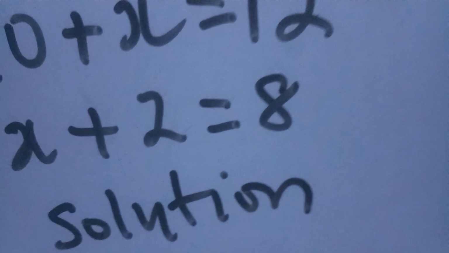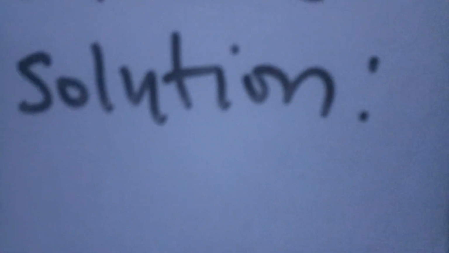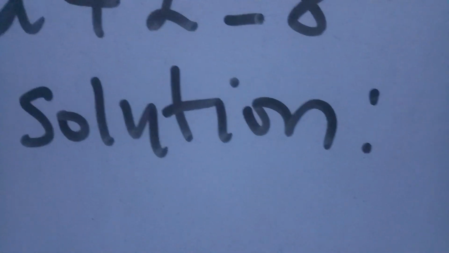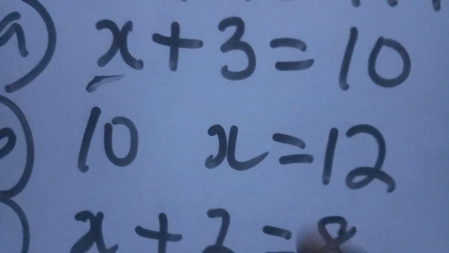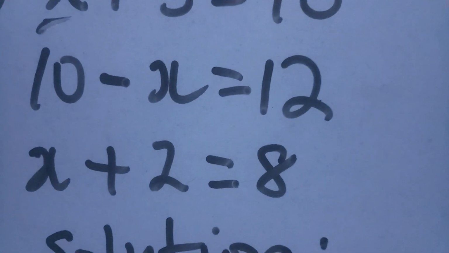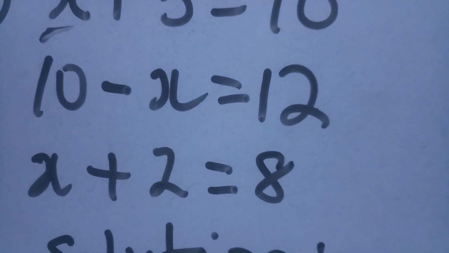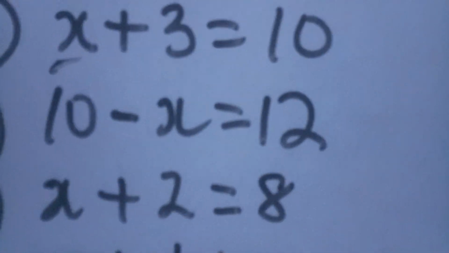So we want to solve for x. Solution. I told you there are rules in handling this type of equation. Let's turn to B: that's 10 minus x is equal to 12.